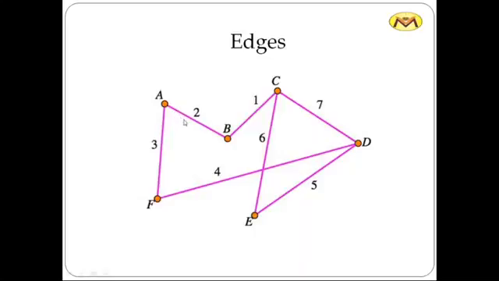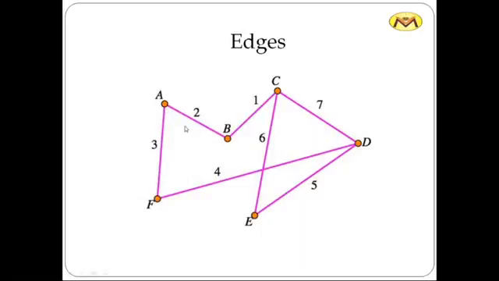Okay, and like from A, if we have to go to F, one way is we can go from A, B, C, D, E, F, or we can go from A, B, C, E, D, F, or we can directly go from A to F. So these different ways are called paths.